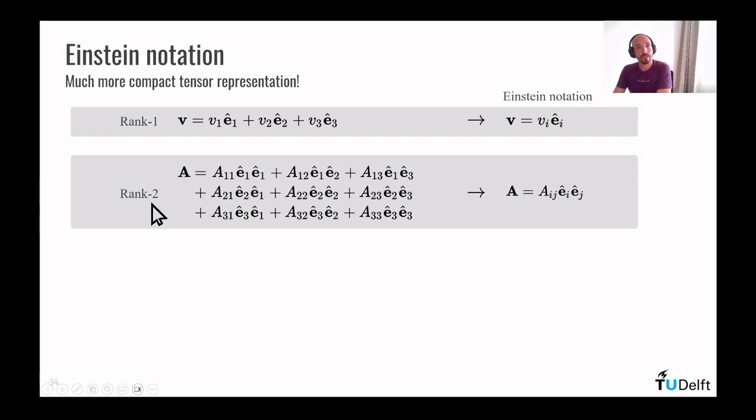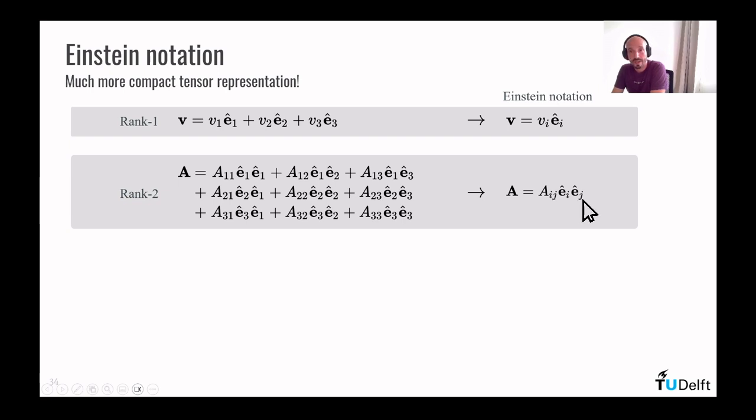For a rank 2 tensor, we can represent it like this. For each pair of directions, we have a number, a coefficient with two indices, and this can be represented using Einstein notation like this. So we have A sub ij in the direction e hat i, e hat j.